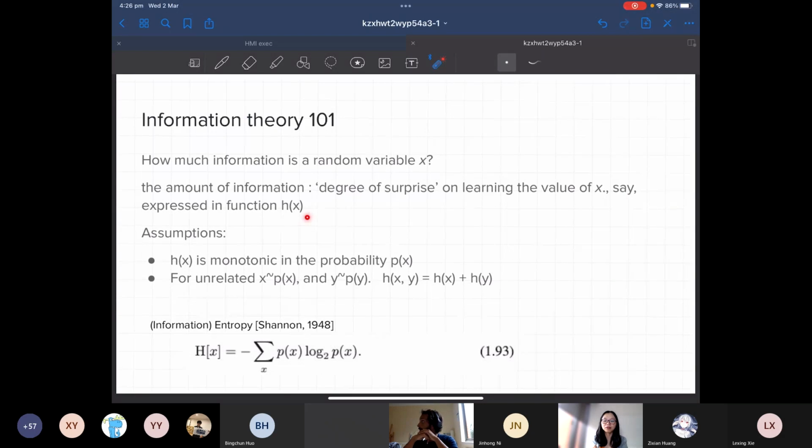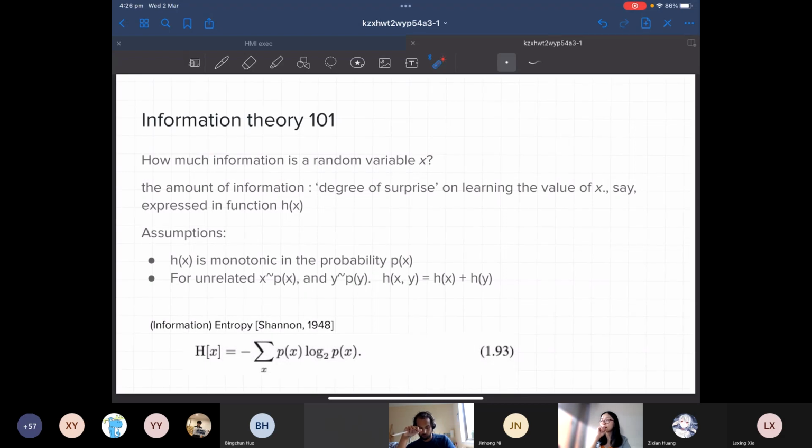Say we want this to be a function called h of X, right? Intuitively, let's say we are dealing with a coin flip. If the coin is fair, we are least surprised whether it turns up heads or tails because it's equal probability.